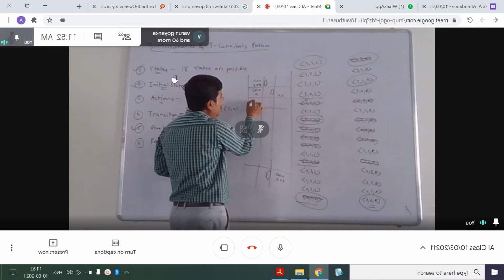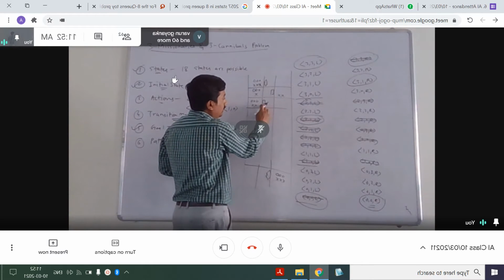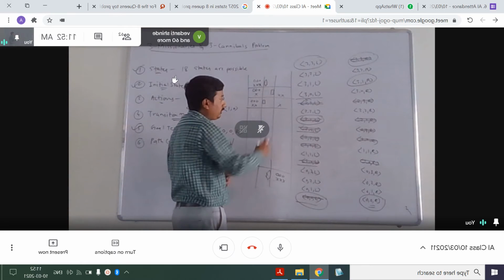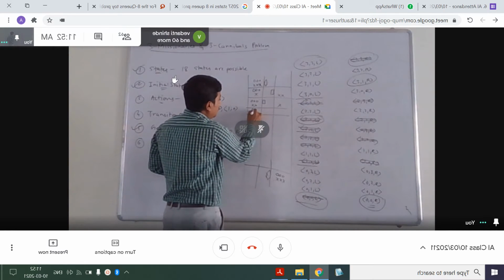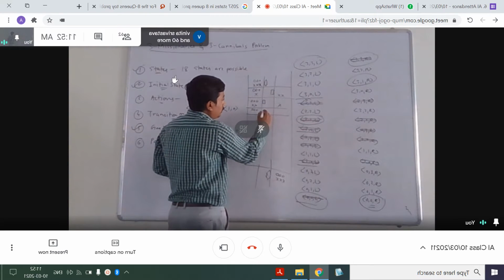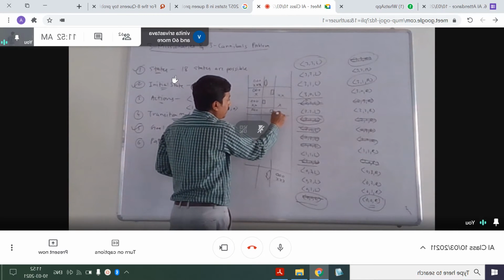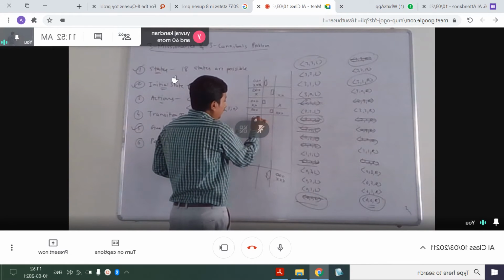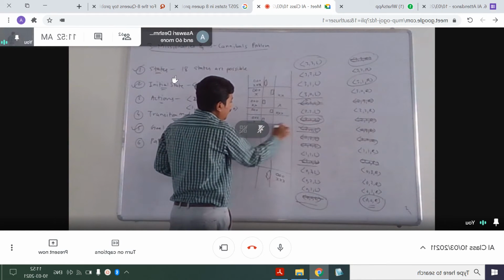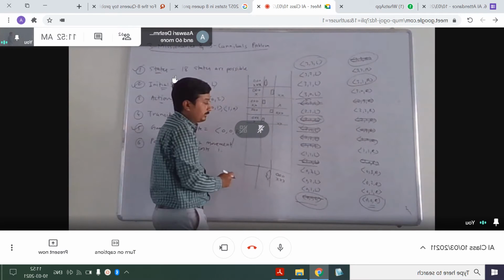So 2 cannibals will be here, the boat will come to this side, and we have one cannibal there. Then next, 2 cannibals will go to that side, the boat will come here, and we will have 3 cannibals there. Now one cannibal will bring the boat back, so we have 2 cannibals here.